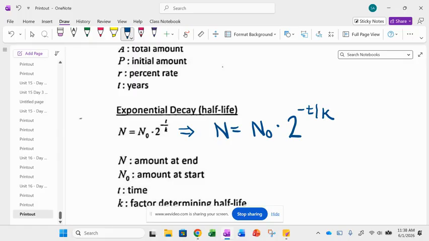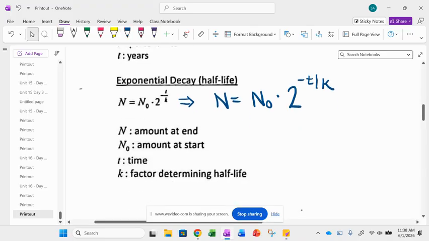So N is the amount of whatever substance we have at the end. N sub 0 is the amount of the substance we have to start with. T is our time. And k is the factor determining the half-life. So the factor that is basically decaying it.